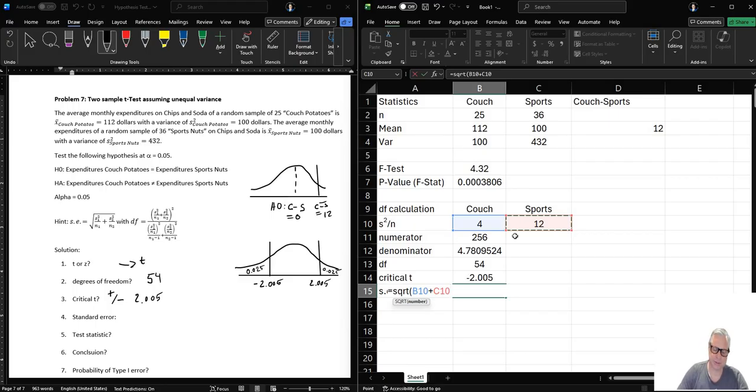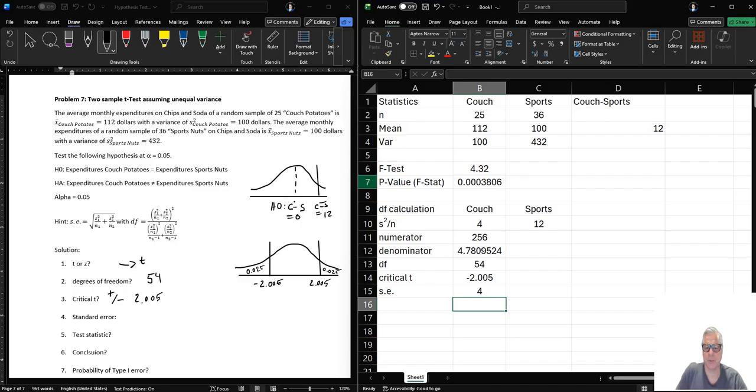So that is 16, the square root of 16 is 4, so the standard error is 4. Oh, okay. So now we can see that the standard error of our sampling distribution is 4.